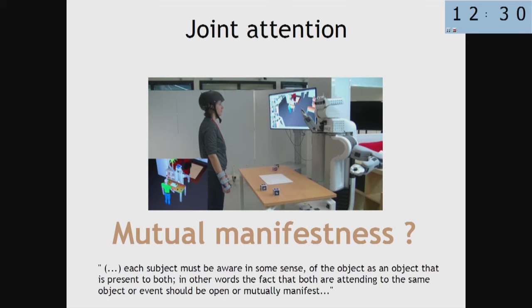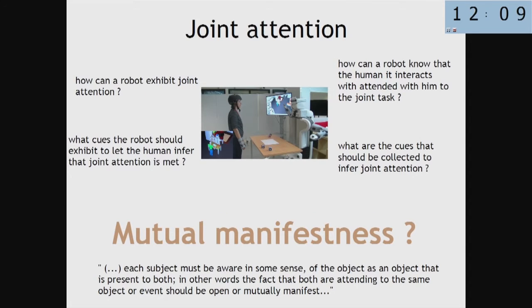And what about mutual manifestness? Because if we come back to the definition, it says that each subject must be aware, in some sense, of the object as an object that is present to both. In other words, the fact that both are attending to the same object or event should be open or mutually manifest. So it opens many questions.